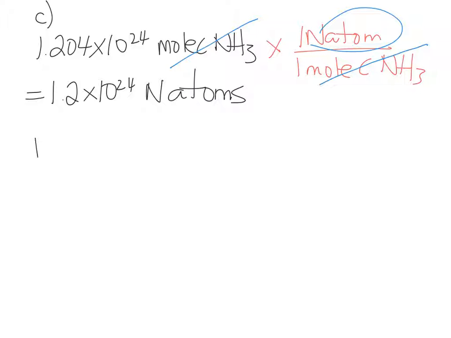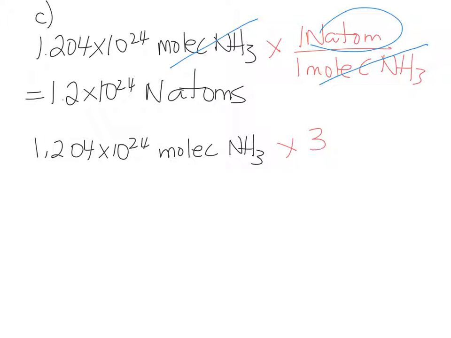You do the same thing for hydrogen. Take the number of molecules of ammonia. This time I'm going to multiply it by 3 because there's 3 hydrogens for every 1 molecule.